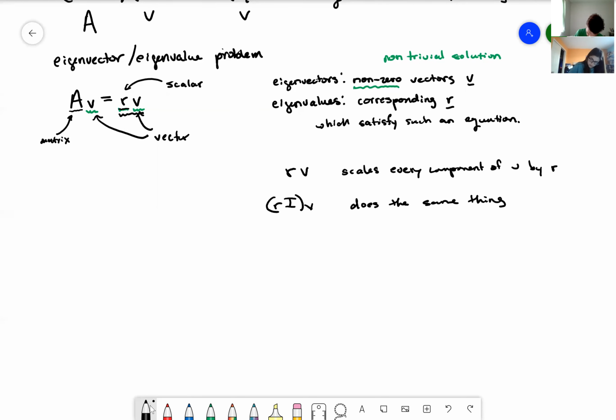In the 2 by 2 case, RI will just be R, 0, 0, R. And if you do the matrix multiplication, you'll see that you get exactly scaling each component by just R. So first we have AV equals RI V.